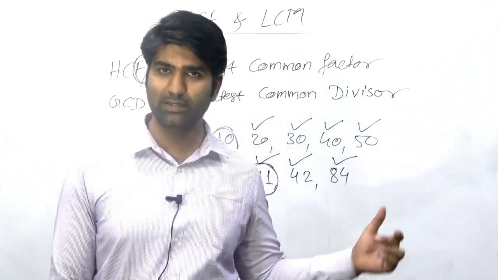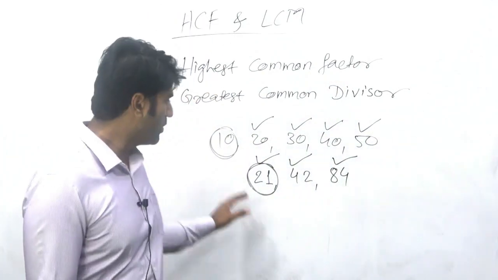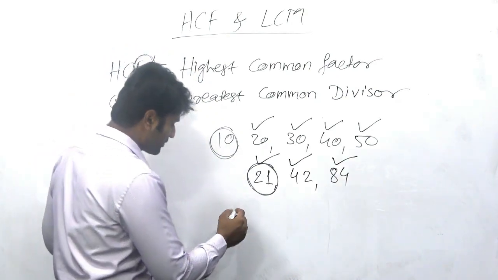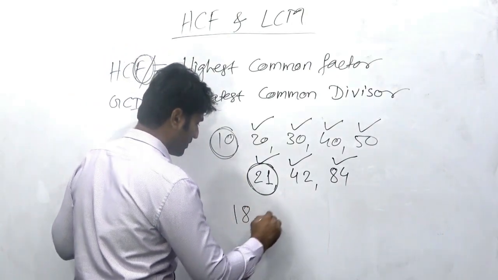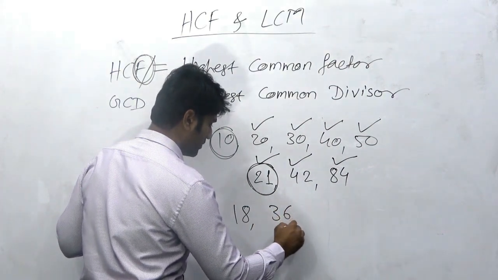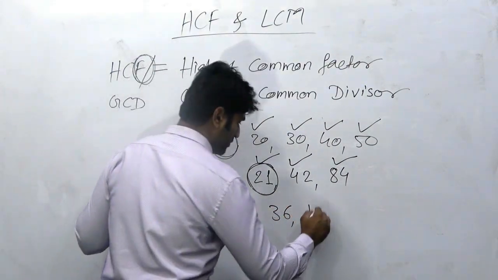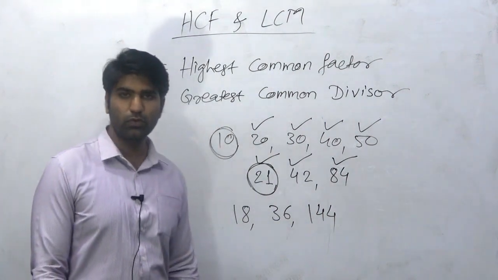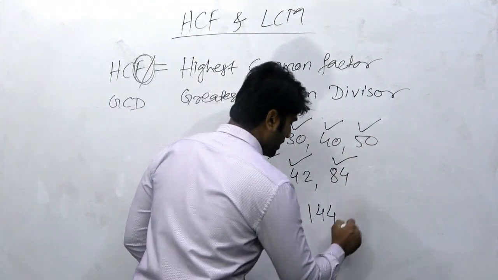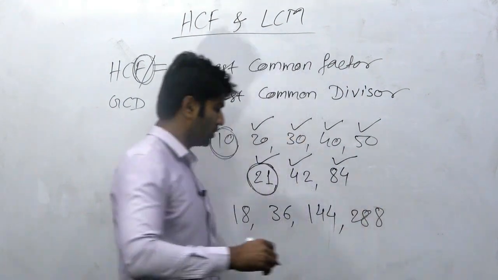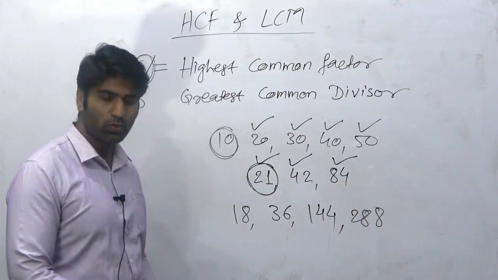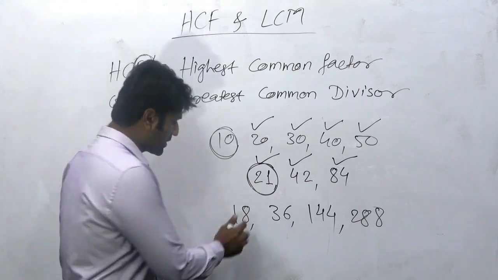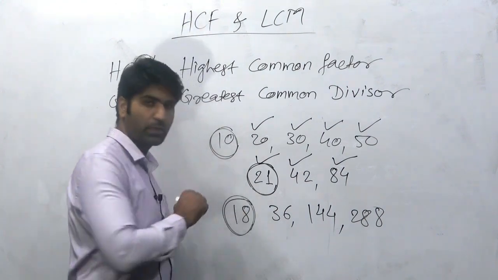Okay, it is not always that the smallest number is the HCF, but in a few examples like this, when all numbers are multiples of each other. Let's take another example. 18, 36 and 144. Also take another number 288. So these are four numbers and we have to decide what is their HCF by directly seeing. So let's check the smallest number.